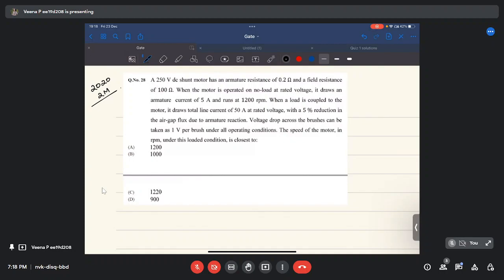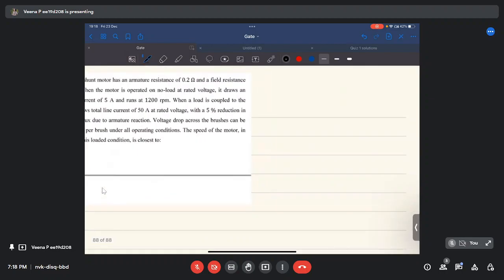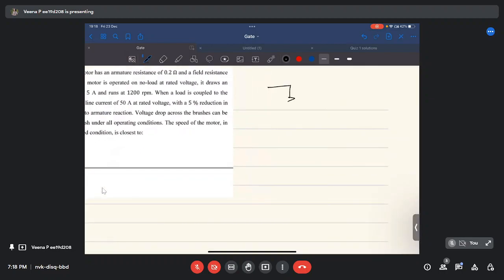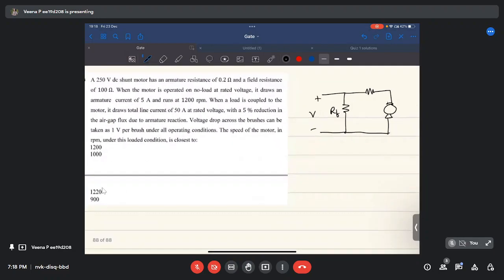So we have a DC shunt motor. DC shunt motor means the field will be connected in parallel to the armature. So here the applied voltage is 250 volt.